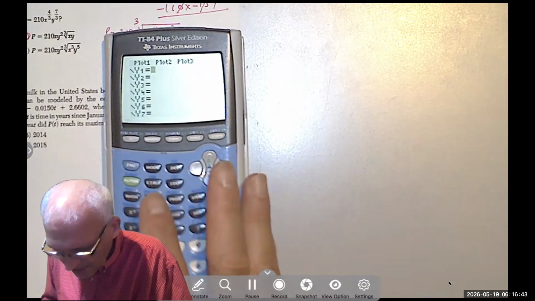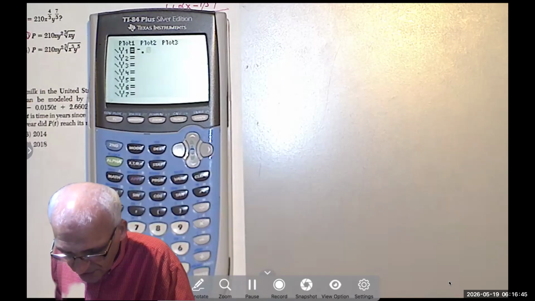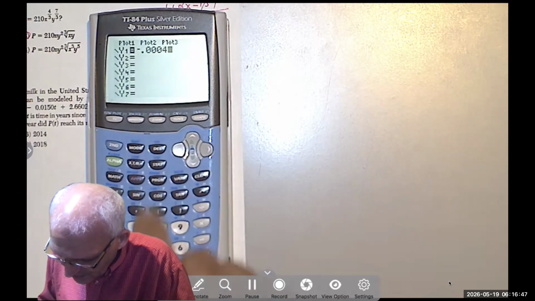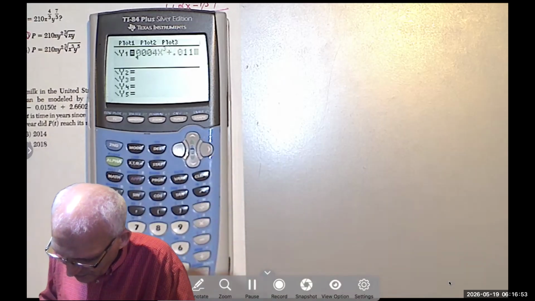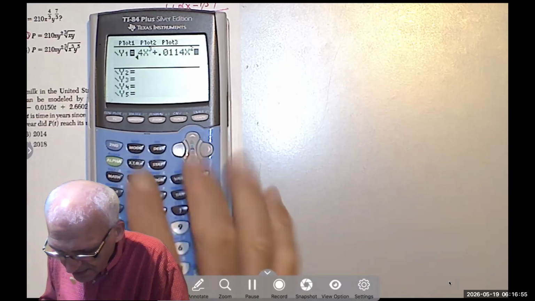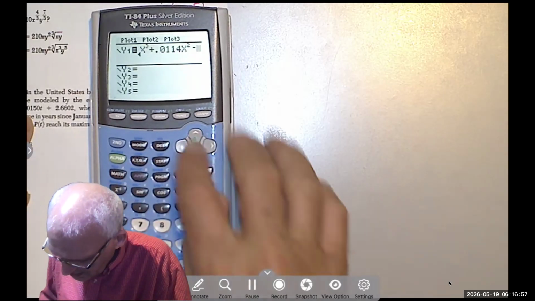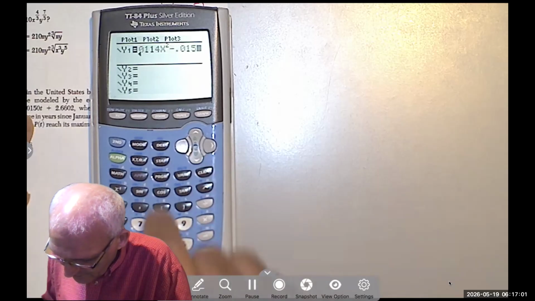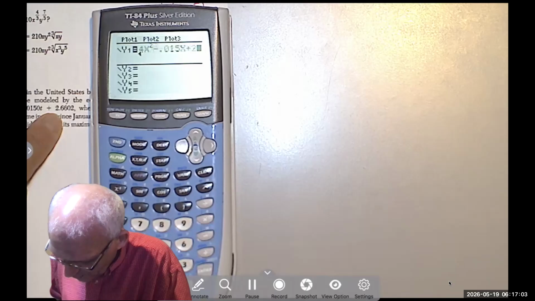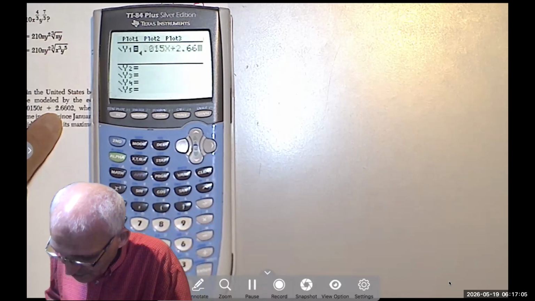I can enter this equation: negative 0.0004 x cubed plus 0.0114 x squared minus 0.015 x plus 2.6602.